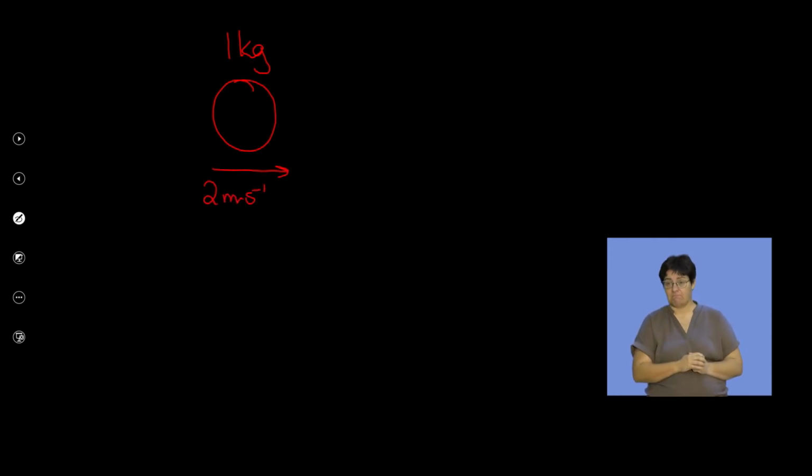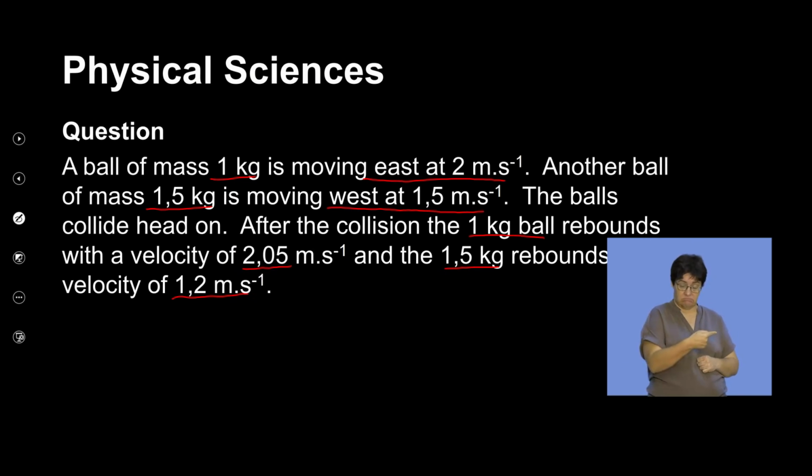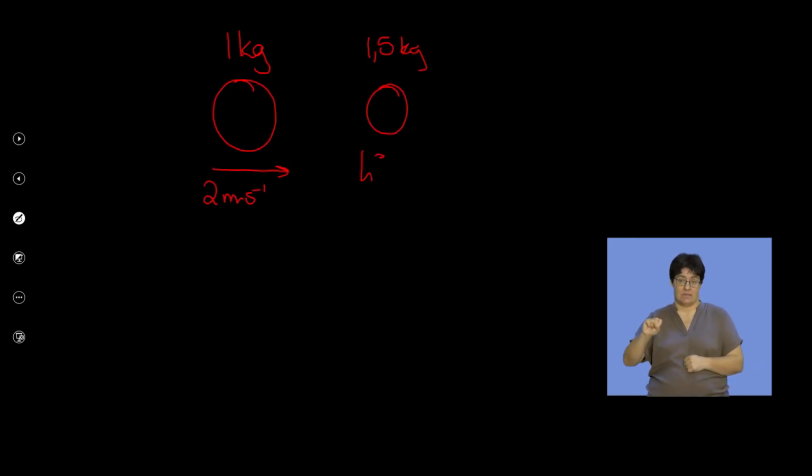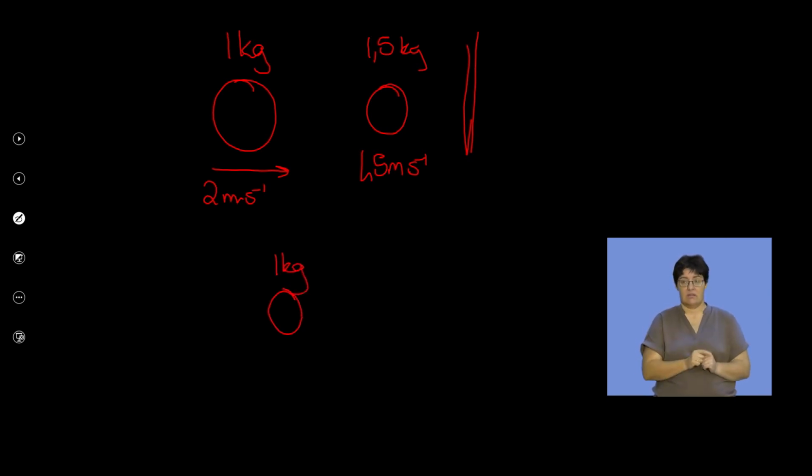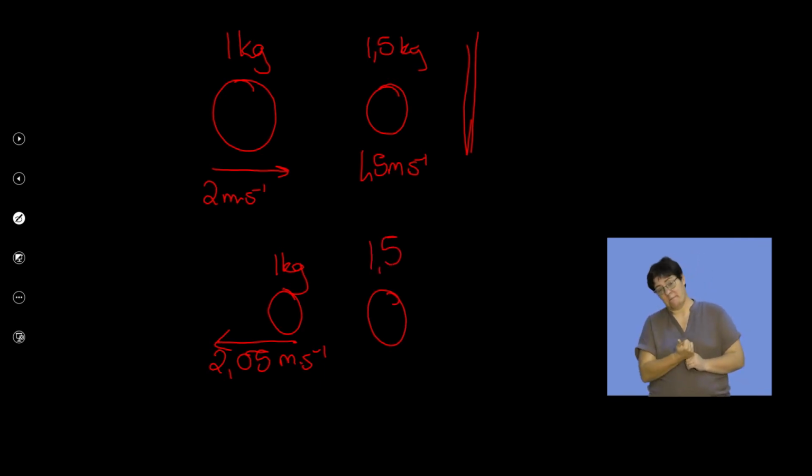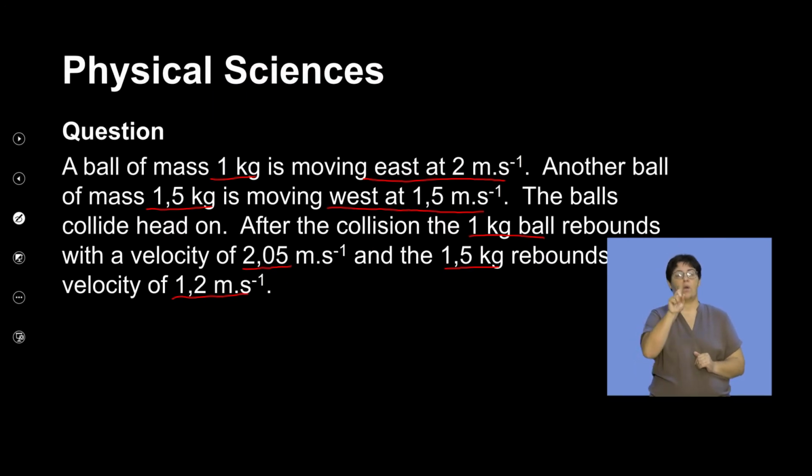It then collides with a 1.5 kilogram block that's moving west at 1.5. Then they collide. There's my collision. I'm going to do the after over here. The 1 kilogram rebounds, so it's going in that direction, and they said it was 2.05. And the 1.5 rebounds, so now it's going east, and it said it was at 1.2.